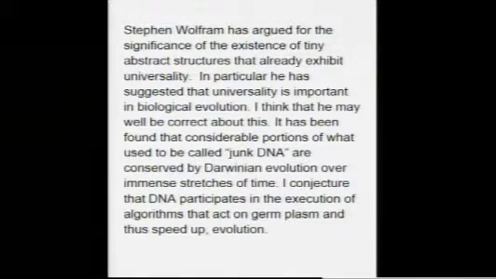I don't know anything about DNA, and there are plenty of people in the audience who know a lot about it. But when I look at DNA, I see a Turing machine tape.